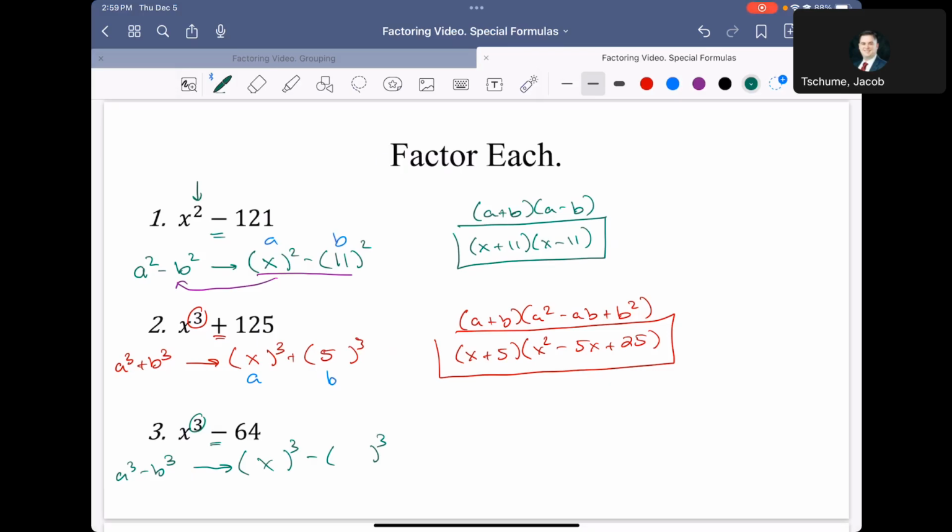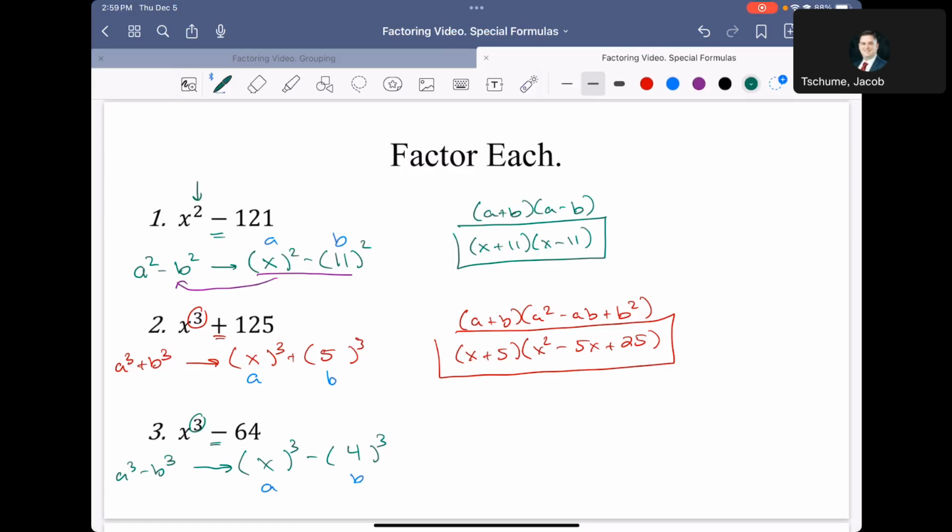Well, that's going to have to be x. And so once again, for the third time in a row, our a value is x. Then you got to ask yourself, what cubed would give us the 64 in the original problem? Going through your arithmetic, you can find out that 4 times 4 times 4 will give you 64. So in this case, our b value ends up being 4.